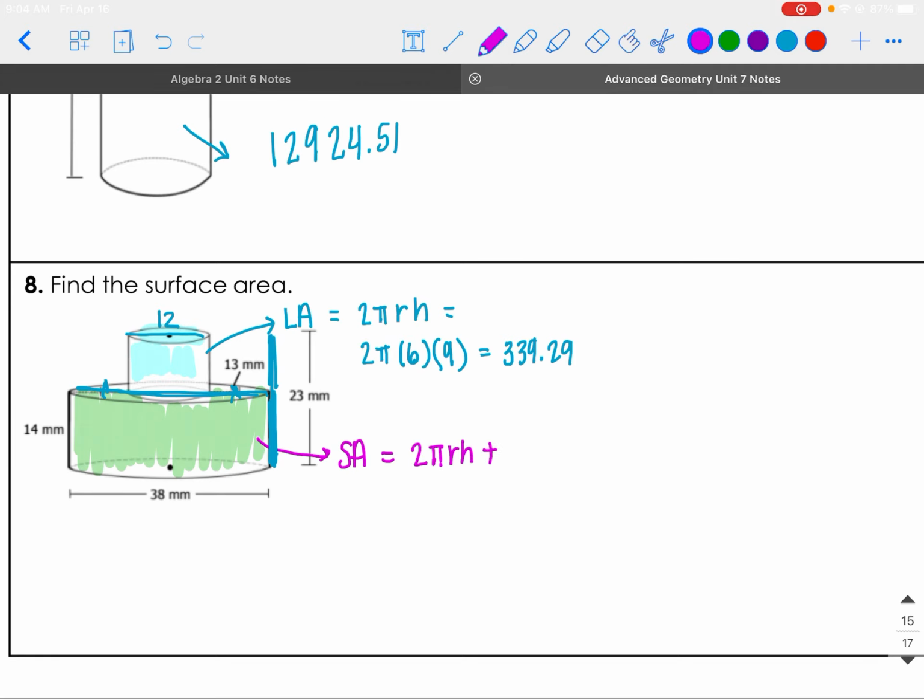Now the surface area is 2 pi r h plus 2 pi r squared. So 2 pi, the radius of this one is 19, and the height is 14.